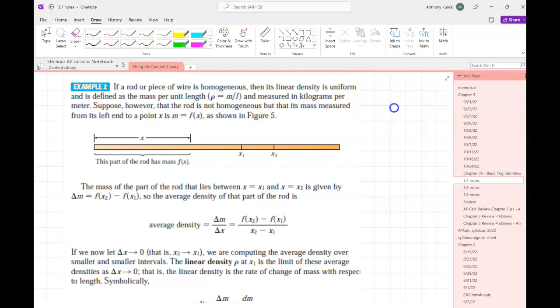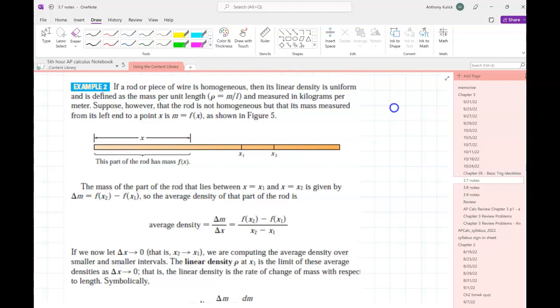Now, if we let delta x go to 0, that is, if we let x2 approach x1, we are computing that average density over smaller and smaller intervals.